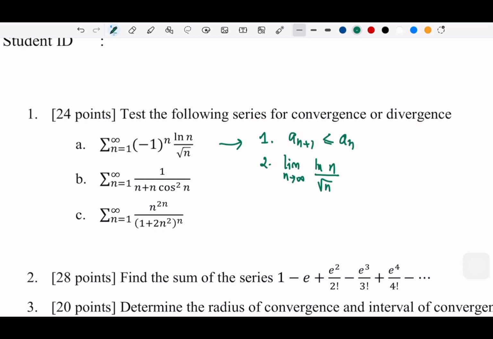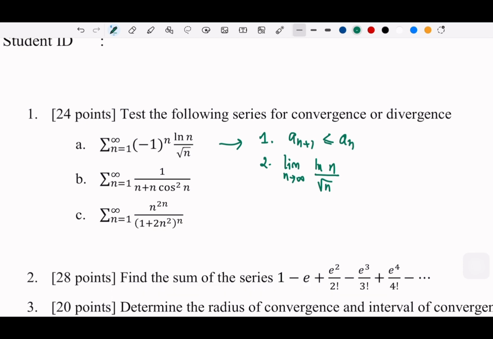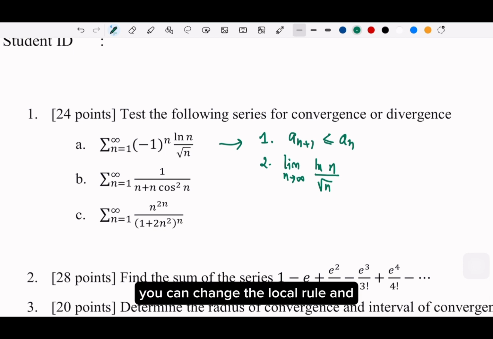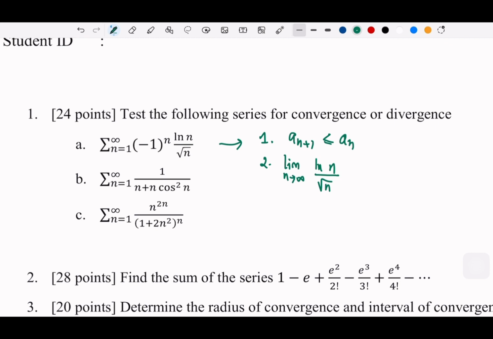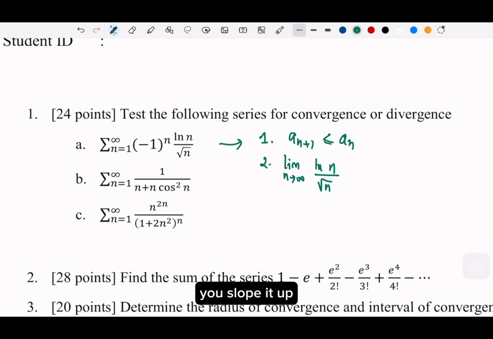Remember in calculus 1, whenever you have a ln, you can use L'Hopital's rule, and you check the limit first. You put it in here, infinity over infinity. That means you can use L'Hopital.